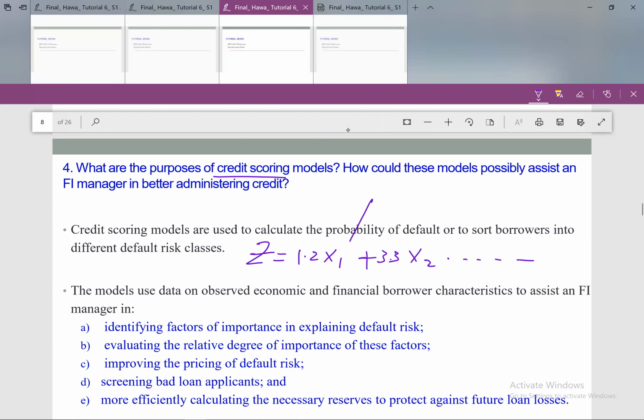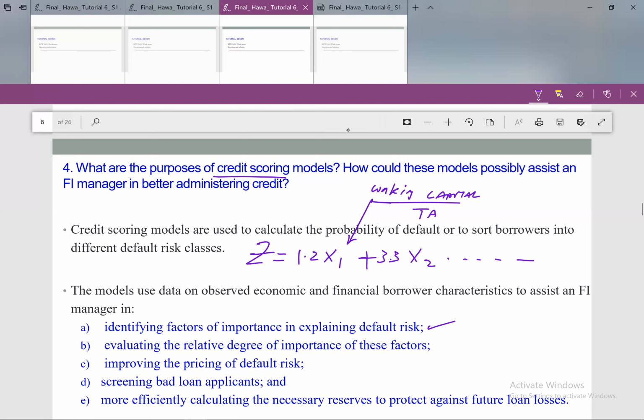We identify this x1, which is, as I told you, the working capital over total assets. So they know that the working capital is important.